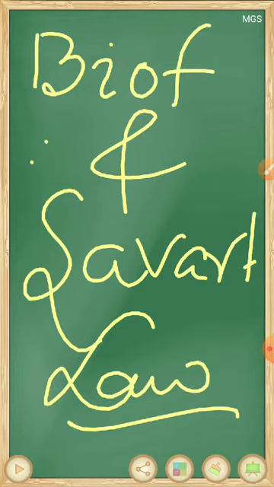In a similar fashion, Biot and Savart law is used to find out the magnetic field at a point due to any arbitrary shaped current carrying conductor.